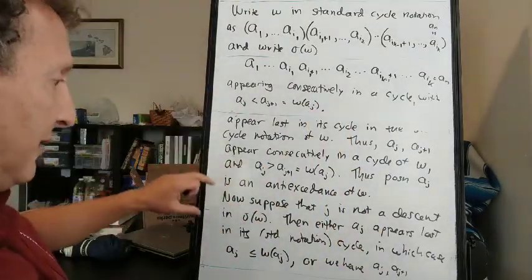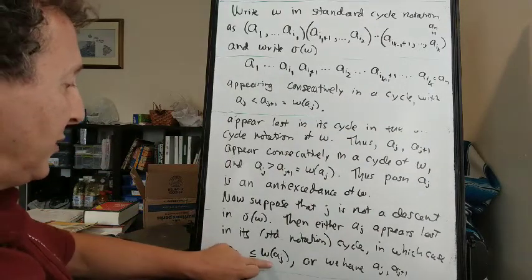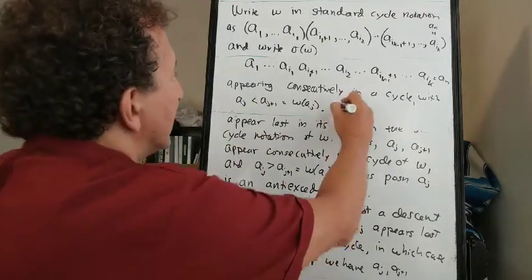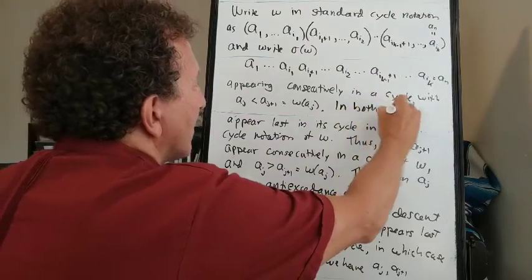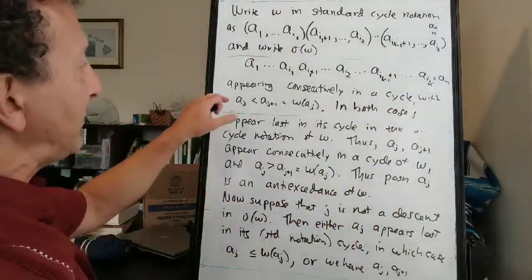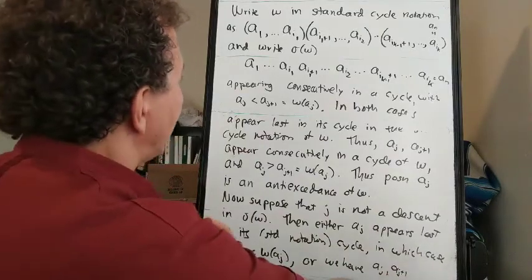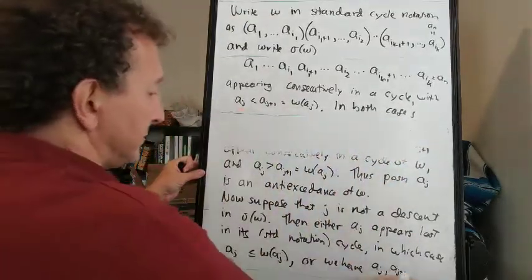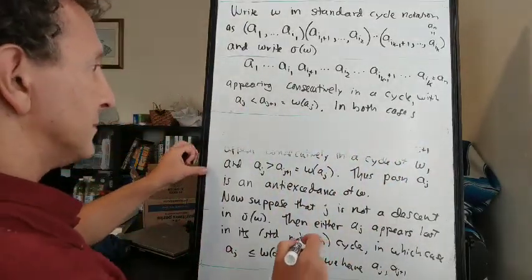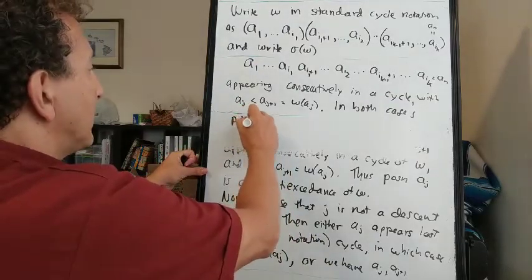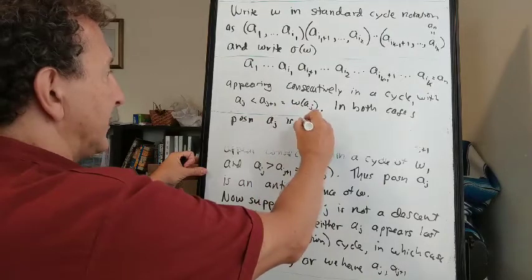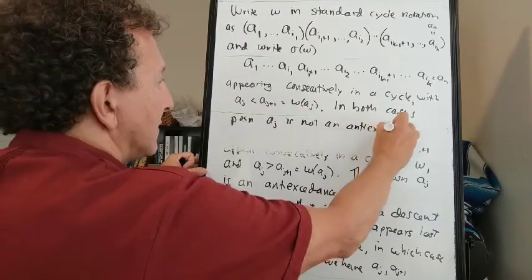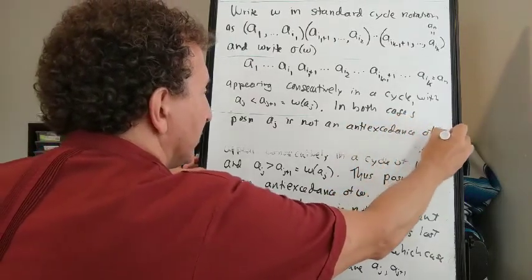These two cases gave us AJ less than or equal to W of AJ, and AJ less than W of AJ. So in both cases, AJ can't be greater than W of AJ, and position AJ is not an anti-exceedance of W.